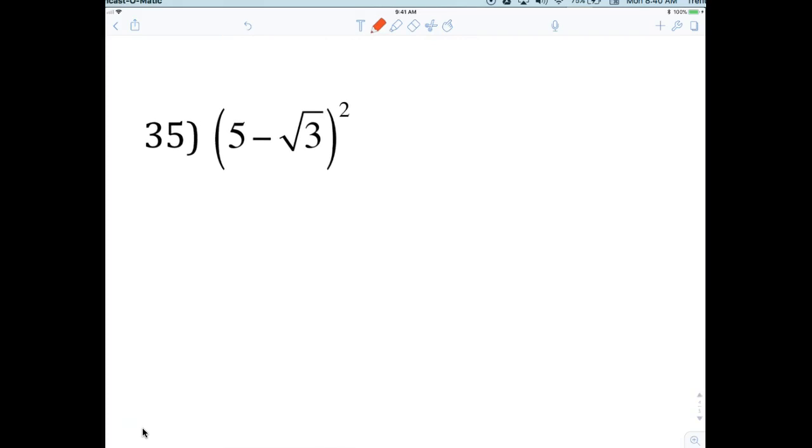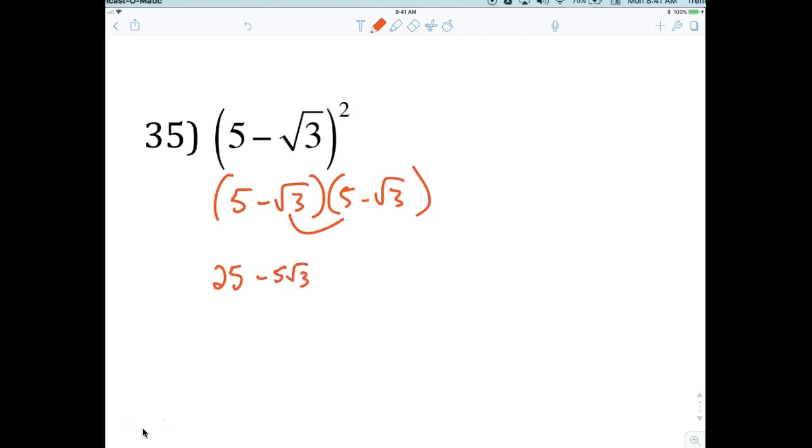Now we'd write this as 5 minus radical 3 times 5 minus radical 3. 5 times 5 is 25. 25 minus 5 radical 3 minus 5 radical 3 plus 3.